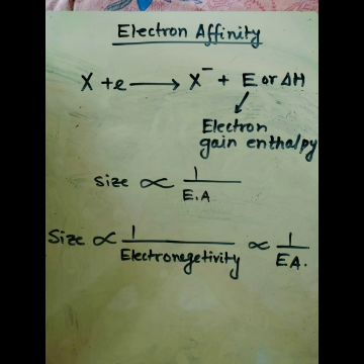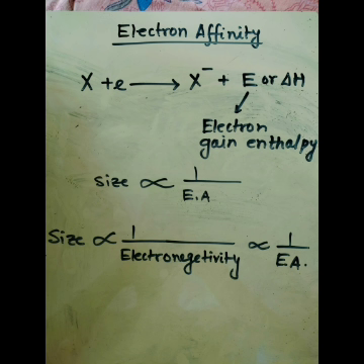So if the size of an atom increases, then the electron affinity decreases. Therefore, here also there is a relation between size and electron affinity. If the size increases, then electron affinity decreases.